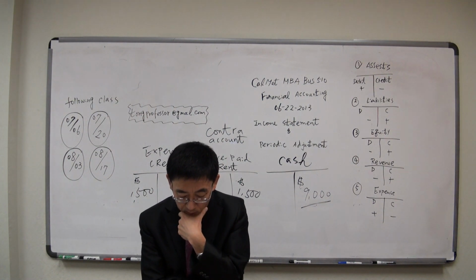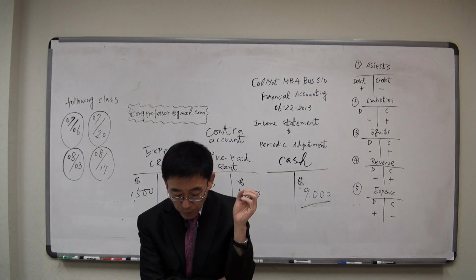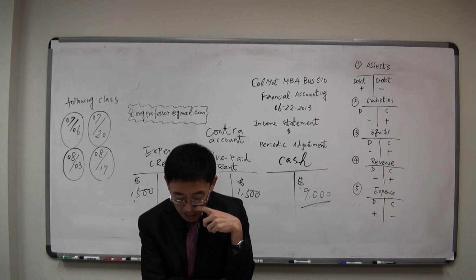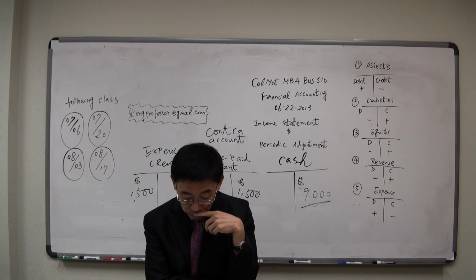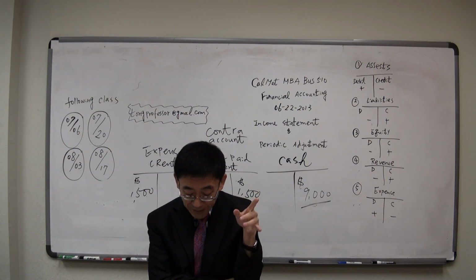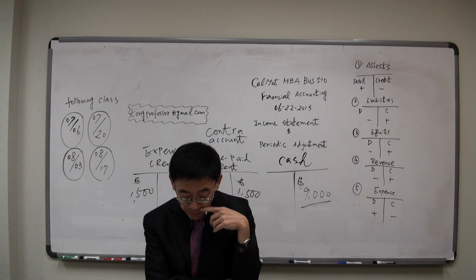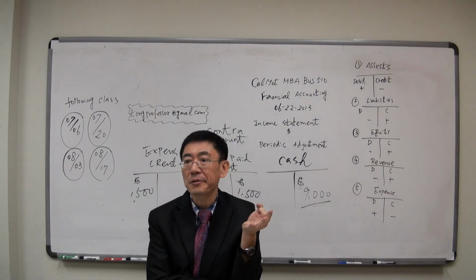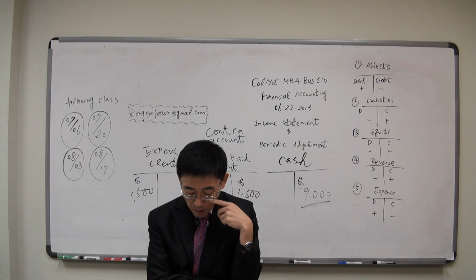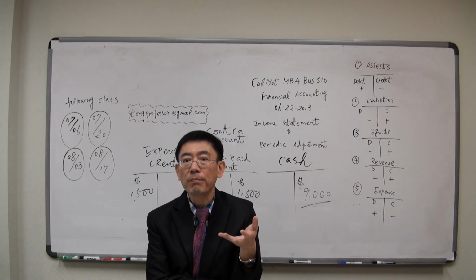Next one. Your company received 3,500 from your customer. That 3,500 covers $800 your customer pays back on account receivable. That means paying something back.